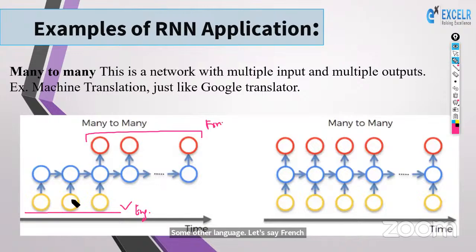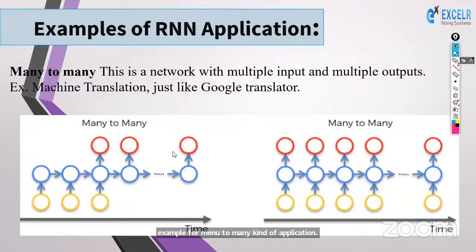So you have a sequence of words as an input, and you are getting a sequence of words at the output, but in some other language. So Google Translator or machine translation is the best example for many-to-many kind of application. Is that clear, guys? These are some real-time applications of generative AI.